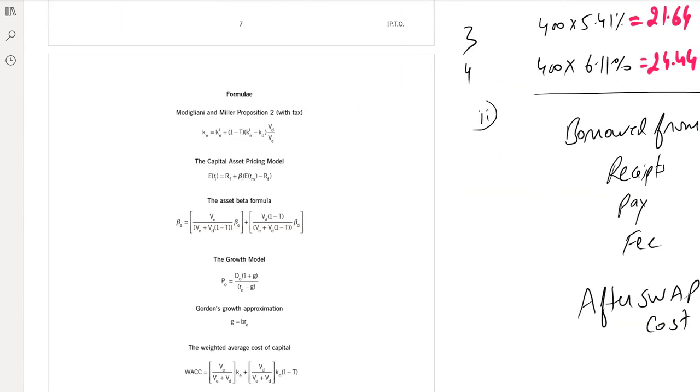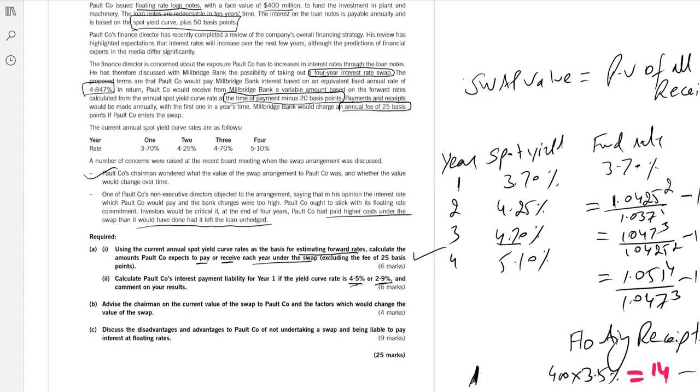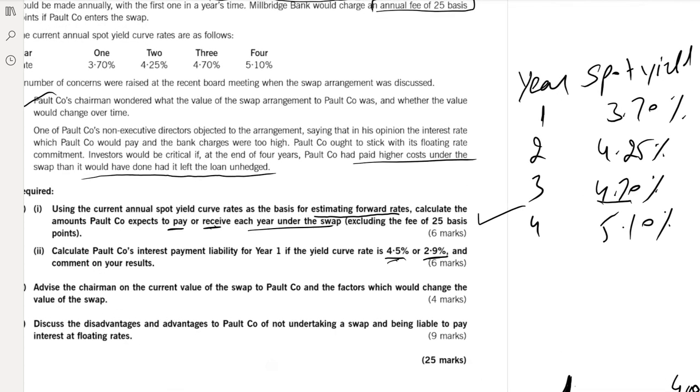Okay, let's move to the third part, that is, advise the chairman on the current value of the swap to Pault company. We have already discussed that initially at inception the swap value is 0 because the present value of all the fixed payments and the present value of all the floating receipts both will become equal.